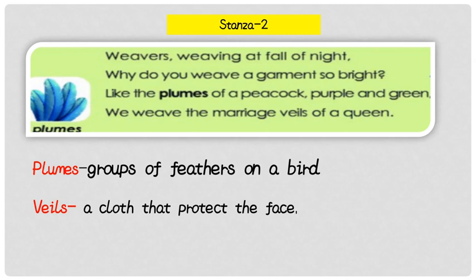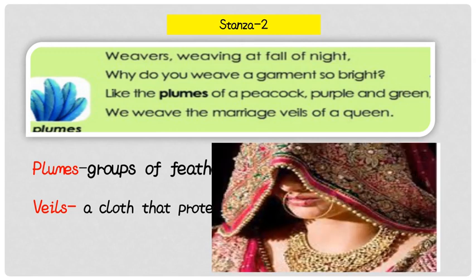Now you see the picture, this type of clothing they are making, and the covering is called veils. I hope you understood. So the second stanza indicates what time? The evening time. And what stage? The adulthood stage.